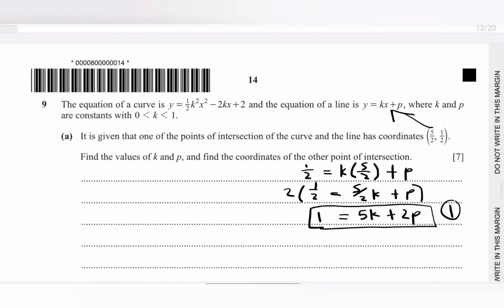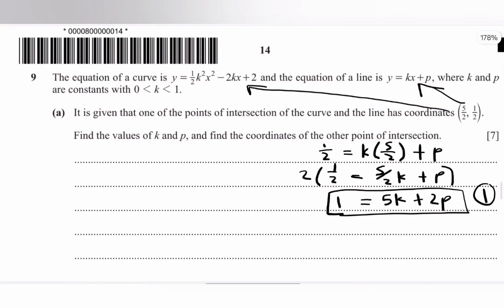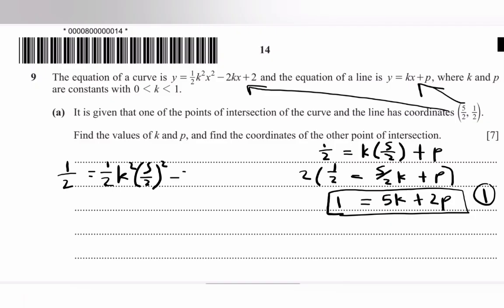It's our first equation. Then we're going to substitute it into this equation as well, to say when y is half, we have half k squared. Then for x, it's 5 over 2 being squared minus 2k times 5 over 2 plus 2, like that.